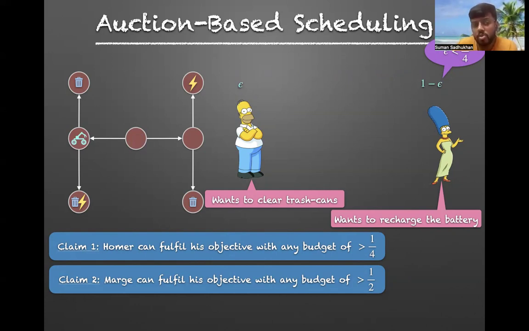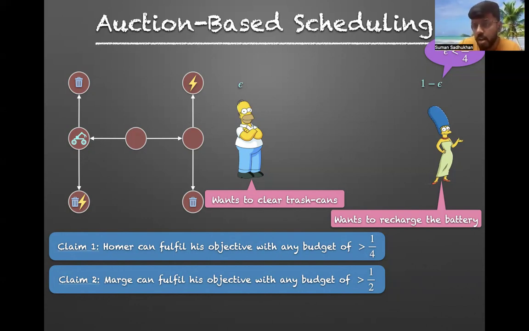And from there, actually, he doesn't care about winning the bidding here, because even if he loses, if his adversary chooses the next vertex, he also wins his objective. So he doesn't care. And for Marge, it's important, because Marge has to win the bid here: if she doesn't win, then her possible adversary can move the token to the other vertex.